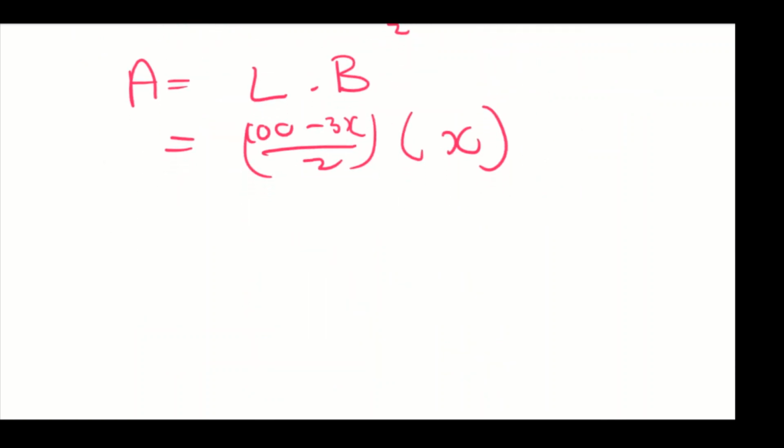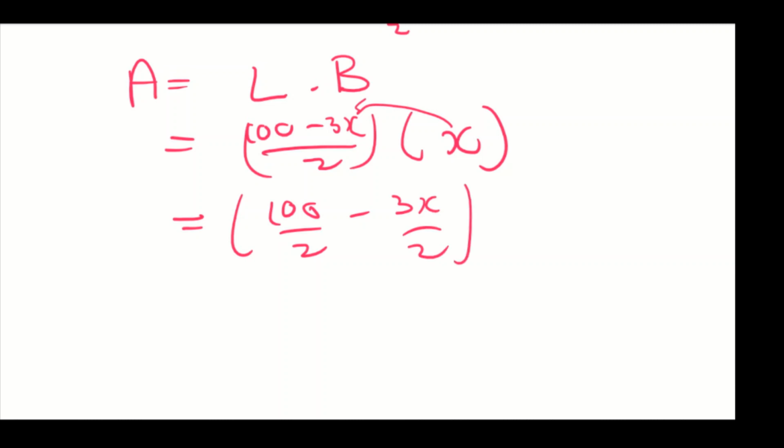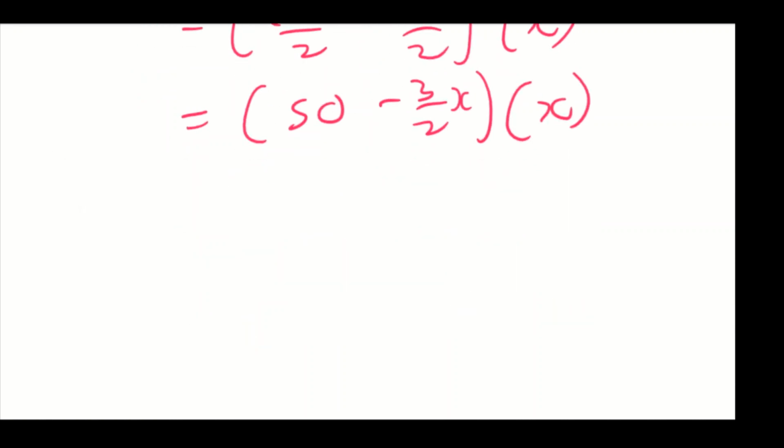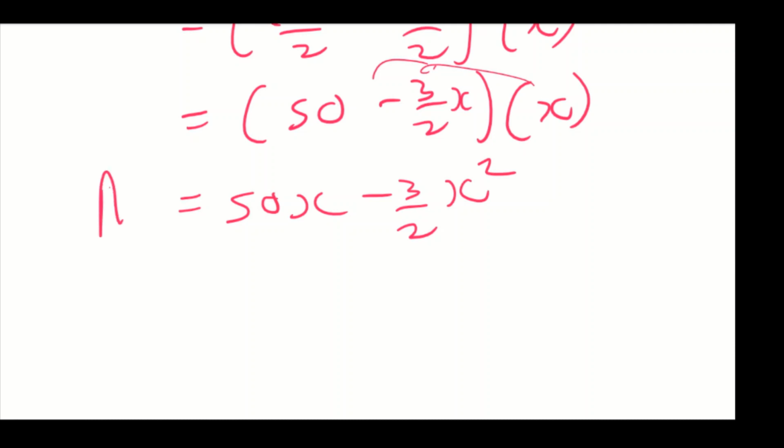To find that product, we're just going to multiply the x inside. But before we do that, let's solve what's inside. It's going to be 100 divided by 2 minus 3x over 2, multiplied by x. Then we have 50 minus 3 over 2 x. Then we multiply by the x. If you multiply the x inside, we get 50x minus 3 over 2 x squared. So this is the area of the diagram that we drew above.